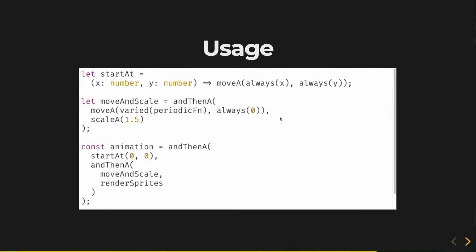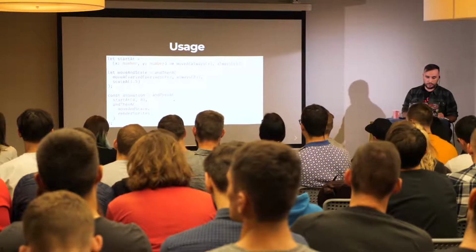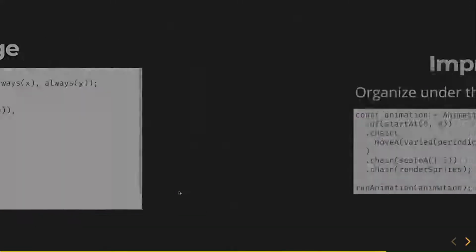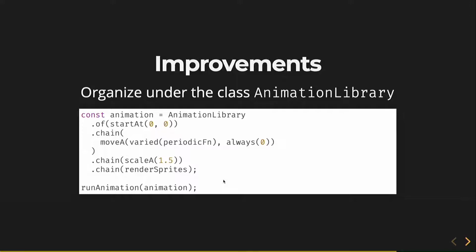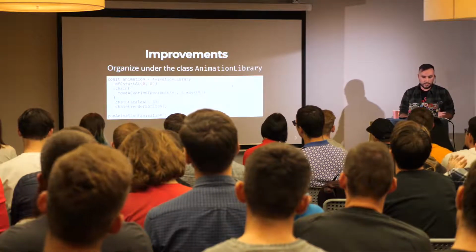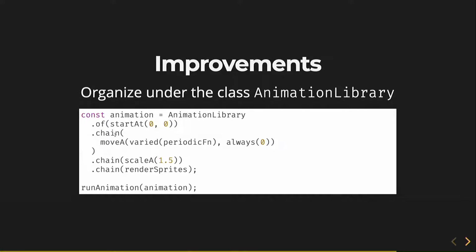And how to use it? The same way as we did for graphic actions, we just call those already lifted functions. And also the nice thing is that it's deferred. So this animation is already defined, we created this tree of objects, but we didn't run anything. And we can even improve our code, if you can call this an improvement. We can hide some of this stuff inside an animation library class and provide it with chaining.